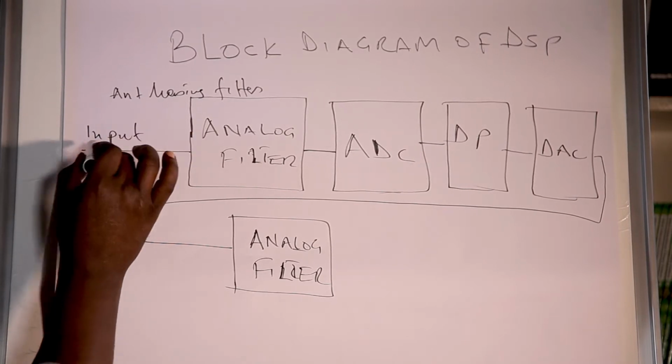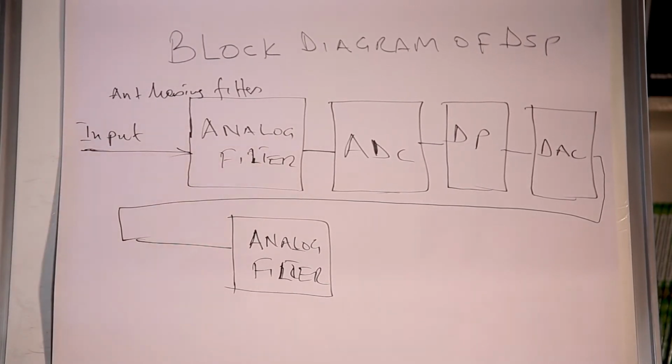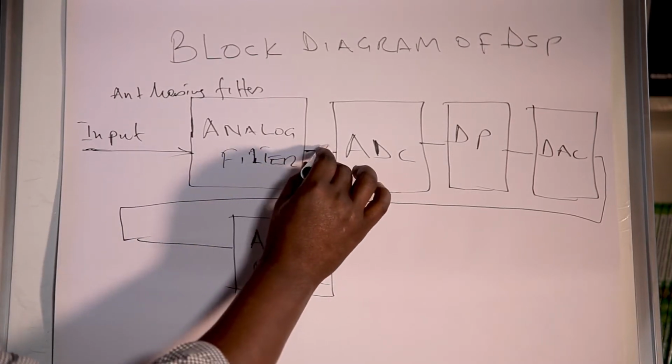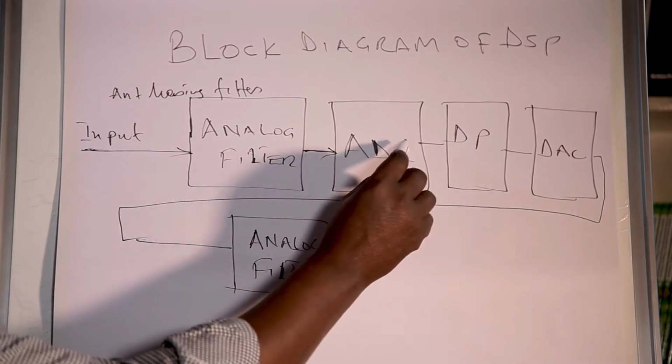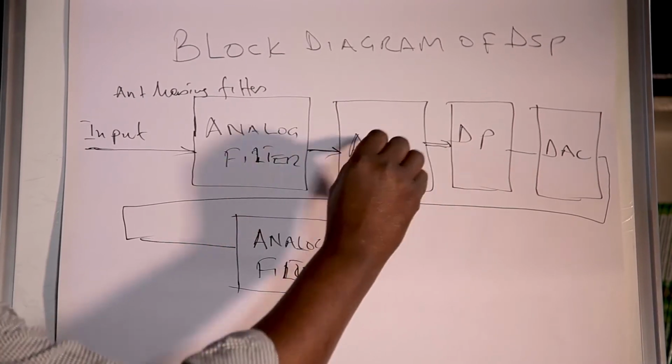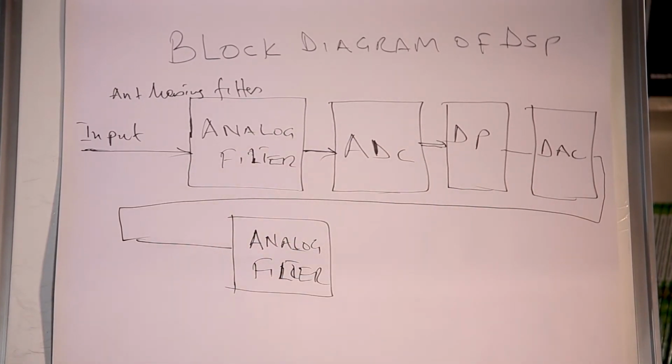The input then goes into the analog to digital converter. Remember what I mentioned in my introduction, where I talked about getting the input signal, the sampled input signal, and then it is passed through the digital processor.